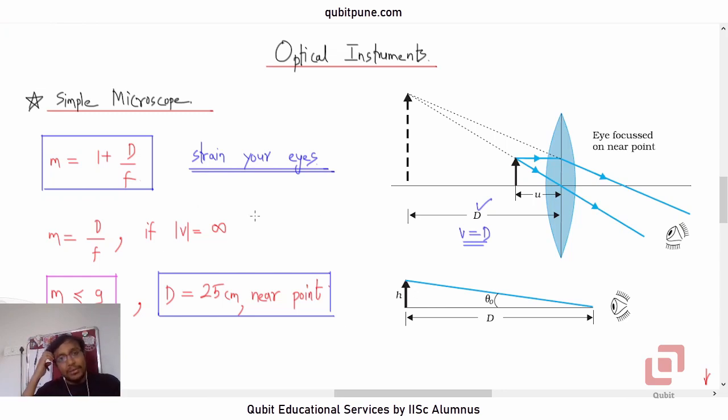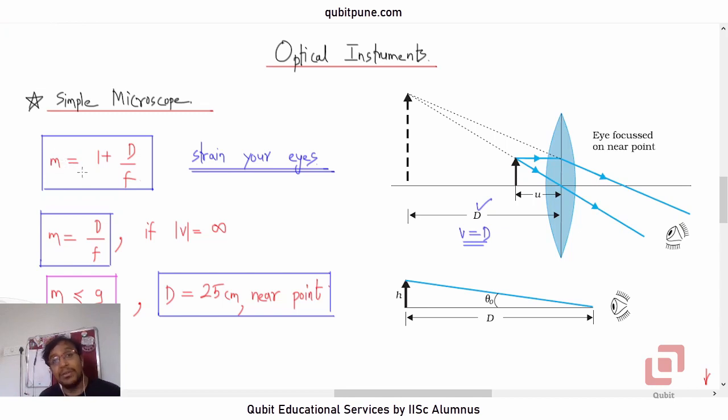So you say, okay, I don't want to strain my eyes, I'm okay to compromise on the magnification. If you take the image at infinity, you know that if you keep your object at focus, the image formed will be at infinity, the virtual image. In that case, the magnification becomes d by f. So it is 1 less than what it is if you get your image right at the near point. So two magnifications, but don't think that there are two images here.